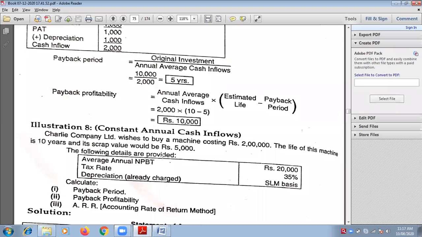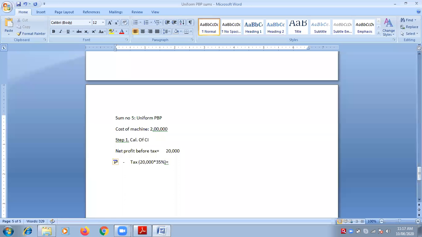If you want to see once again, tax rate is 35%. See, look here at the question. So what is 20,000 ka 35%? What is that? Yes, 7,000. Are you sure? So 7,000 has to be put in bracket.